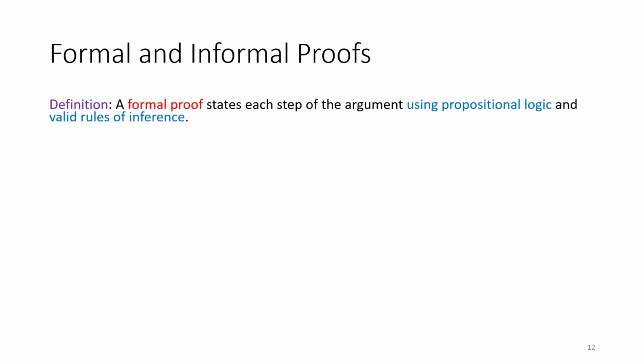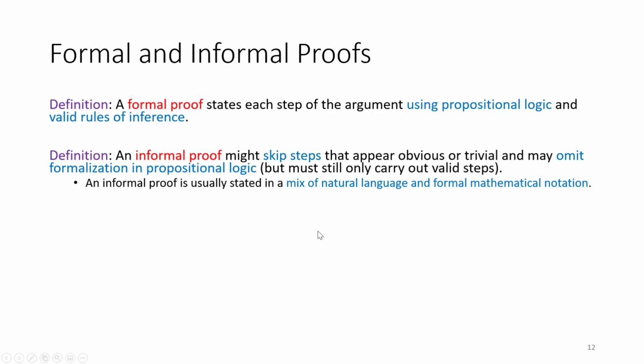So we've now seen a couple formal and informal proofs. So a formal proof, we can now give it a formal definition, will be one where we use propositional logic, where we use our valid rules of inference, but where we also signify which rules of inference we're going to be using along the way. We contrast this to an informal proof, where we might skip some steps, usually obvious steps, not ones that would not be obvious.